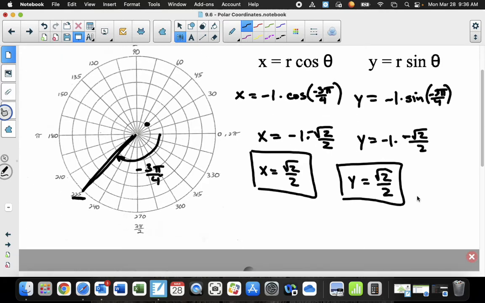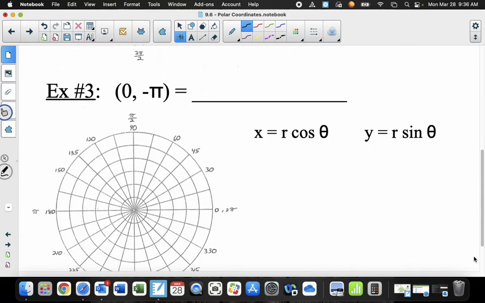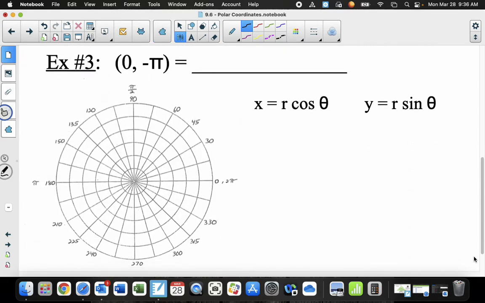All right, try the next one on your own. Try example 3, see what you got. 0, negative pi. It's a little bit tricky only because of the 0, but give it a shot. I'll give you a minute or two here to see what you can come up with. Plot the point and then find the xy coordinates. Should all make sense when you're done.